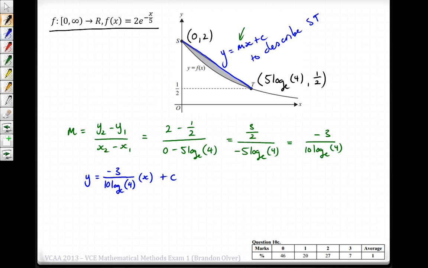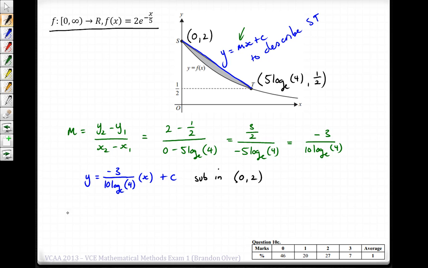And now what I'm going to do is sub in a point, and I'm going to select the easiest one, 0, 2. And that will let me solve for the plus c value. So when x is 0, y should be 2.